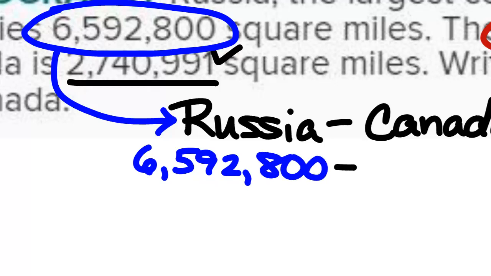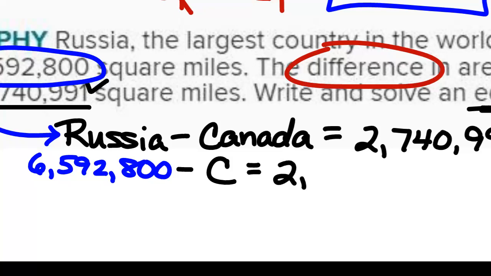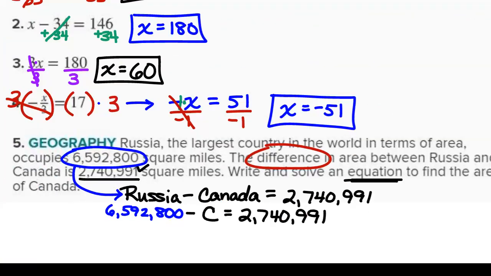6,592,800 minus, are you guys okay if I just use C for Canada instead of writing it out? All right, so minus C equals 2,740,991. I want to get the C all alone. I want Canada all alone. Subtract.